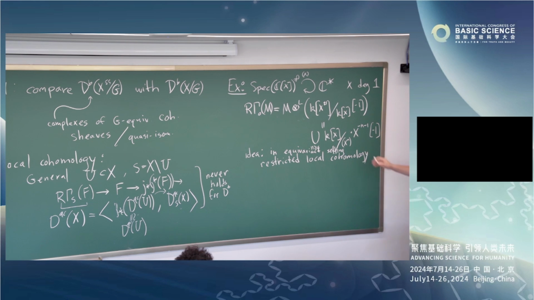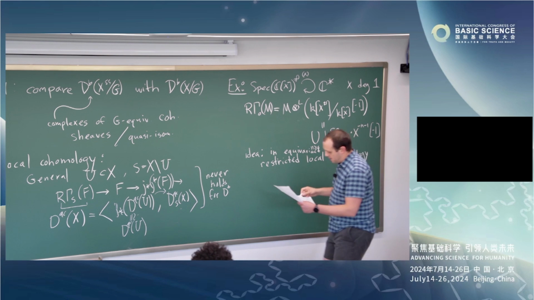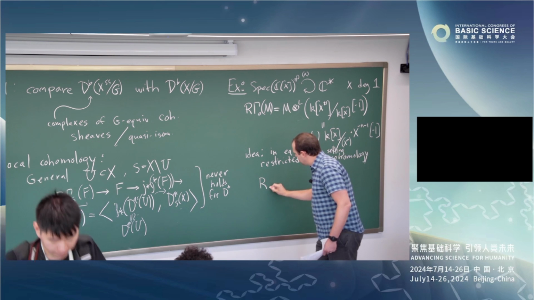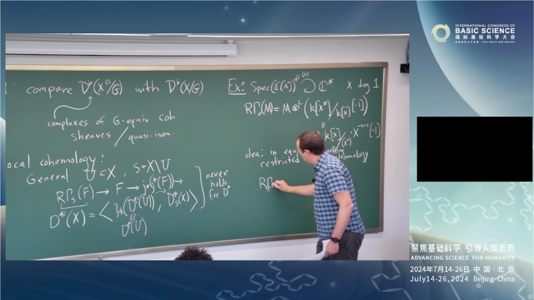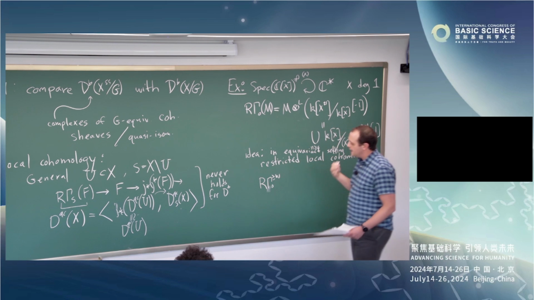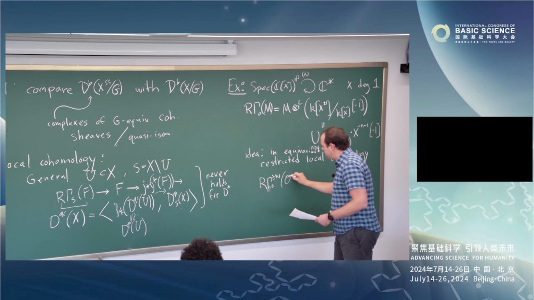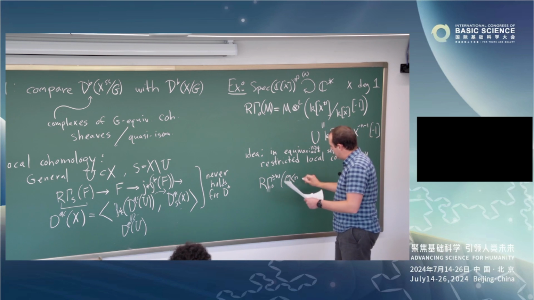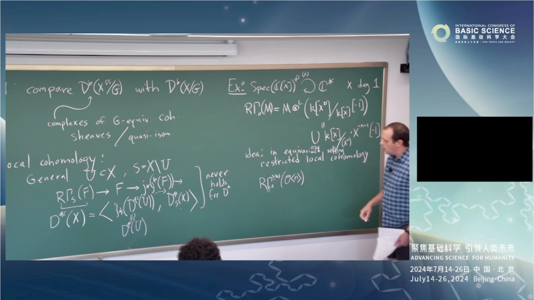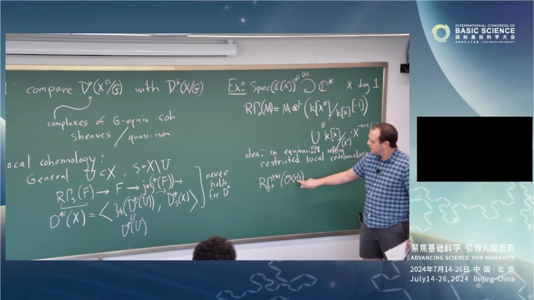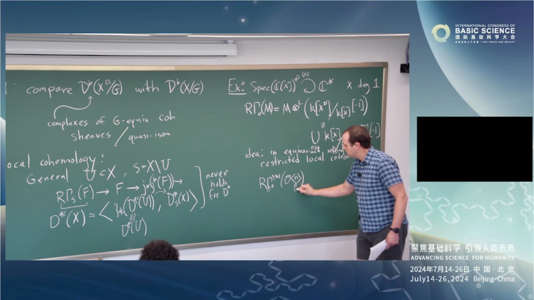And the idea is, well, you can just write down a formula for it. So for any integer w, I can do this. Let me define what it is on O_n. So this is just the free module generated in weight n.